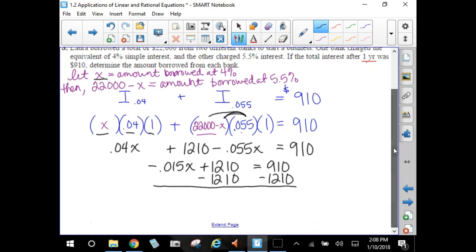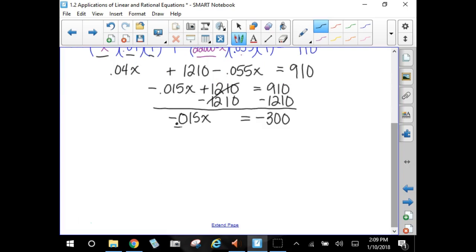So what we have remaining on the left-hand side is negative 0.015X. On the right-hand side, 910 minus 1,210 is negative 300. Solving for X, we will divide both sides by negative 0.015.